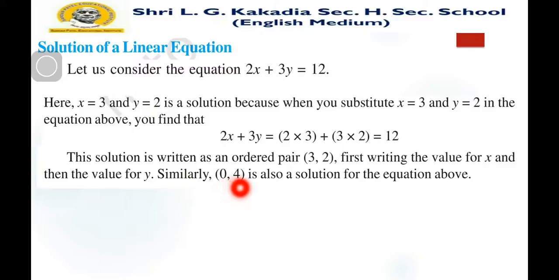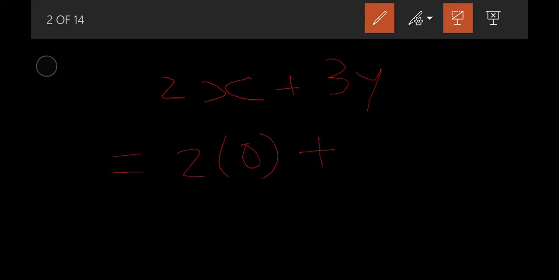Similarly, (0, 4) is also a solution of the above equation. Let me put the value of x is equal to 0 and y is equal to 4 in this equation. 2x plus 3y, taking x is equal to 0, is 2 into 0 plus 3 into 4, which is 0 plus 12, which is equal to 12.